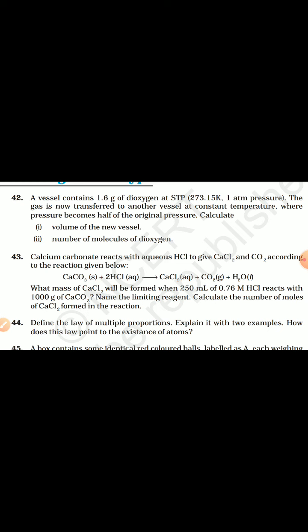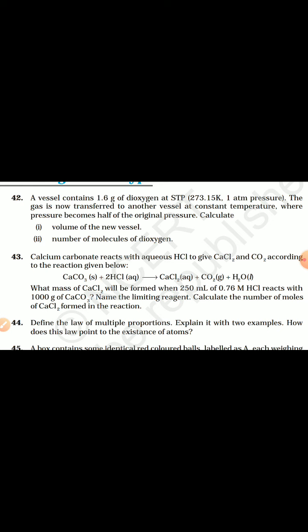So that I have to calculate. Point number 1 is the volume of the new vessel, and point number 2 is the number of molecules of dioxygen. So the pressure is 1 atm.